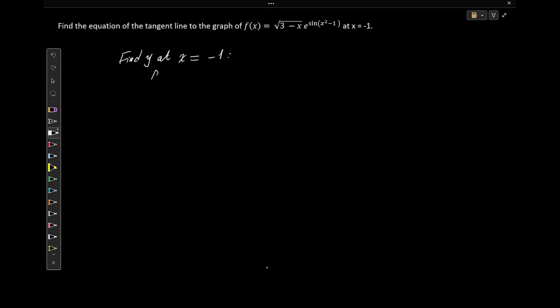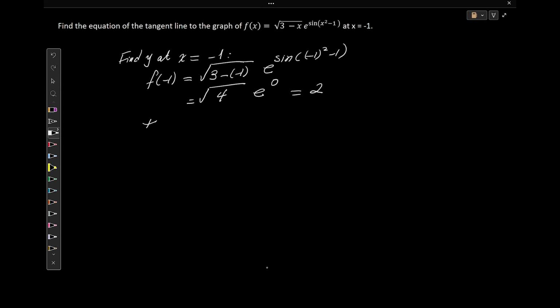So we'll have f of -1 equals the square root of 3 minus -1, e to the sine of -1 squared minus 1. Well, -1 squared minus 1 is 1 minus 1, which is 0. Sine of 0 is 0. So here we have square root of 3 minus -1, or 4, e to the 0, which is 2, right? Square root of 4 is 2, e to the 0 is 1, we get 2.